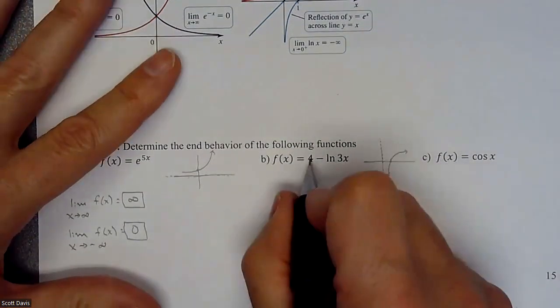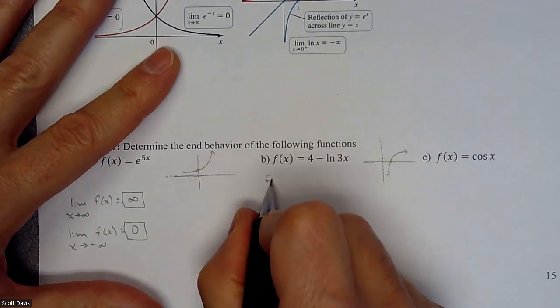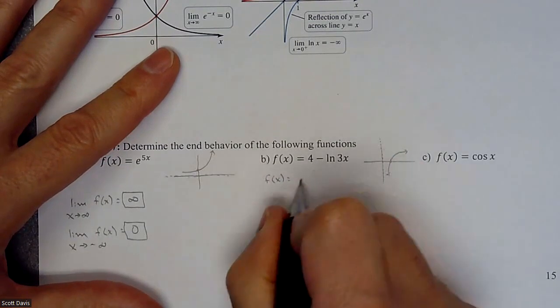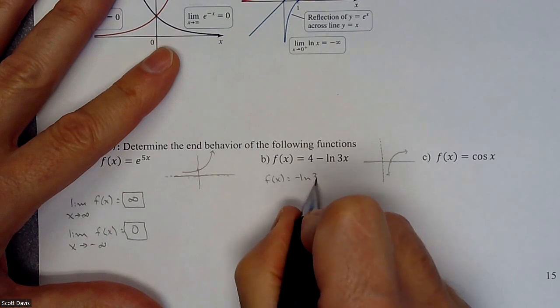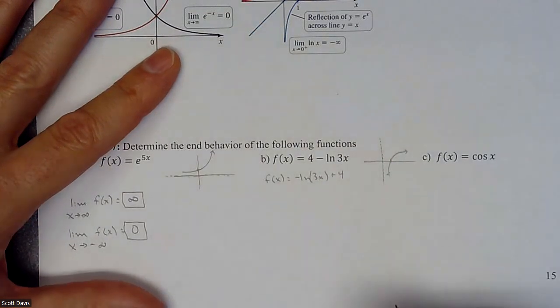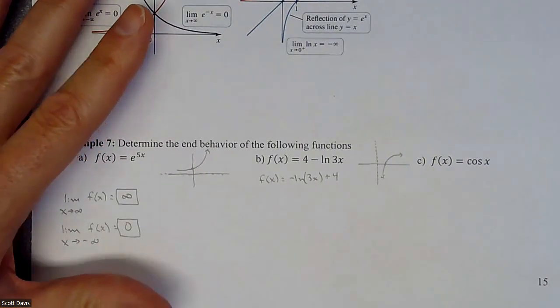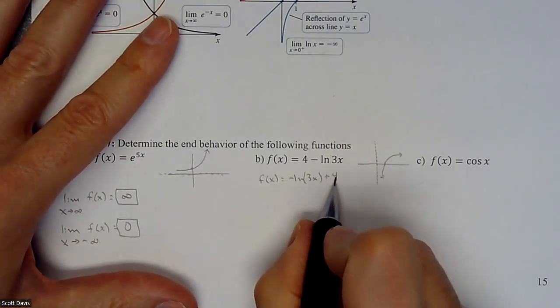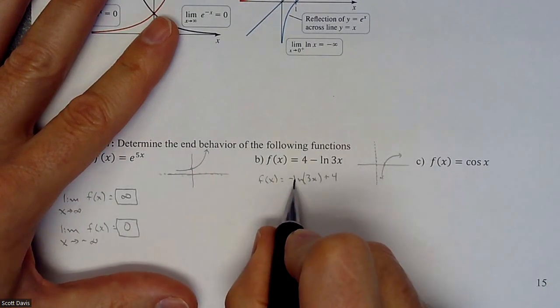So let's analyze all of this. Let's rewrite our function as a negative natural log of 3x plus 4. We have some transformations that we have to take into consideration. This is going to take this graph and shift it up 4, and this is going to vertically reflect it.